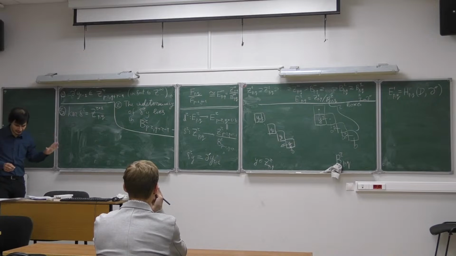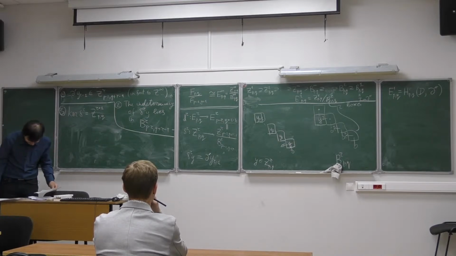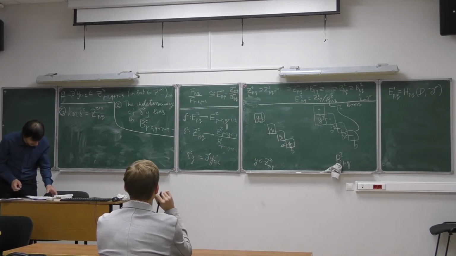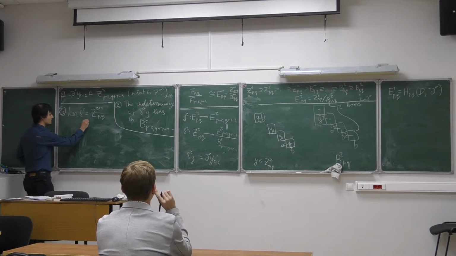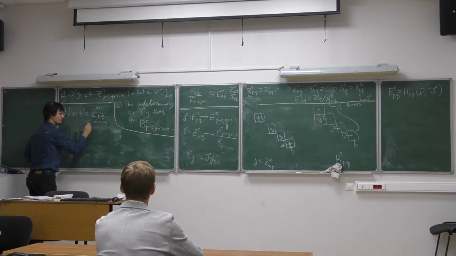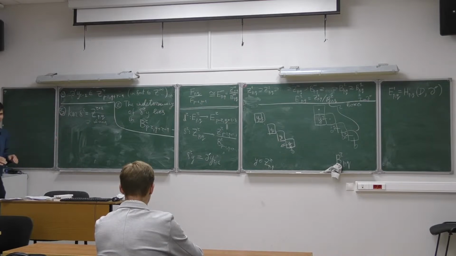This is slightly non-trivial. This is the only slightly non-trivial check. Let us understand that this inclusion is obvious, but the opposite one we need some work. Why is this obvious?